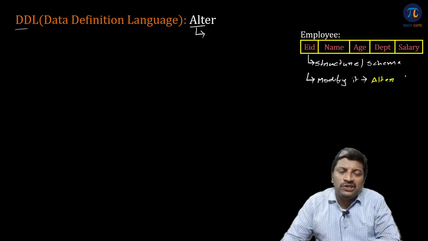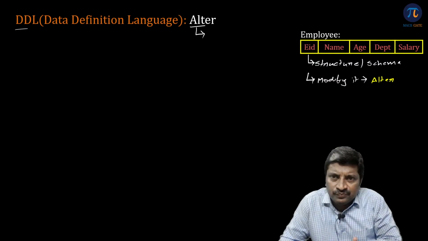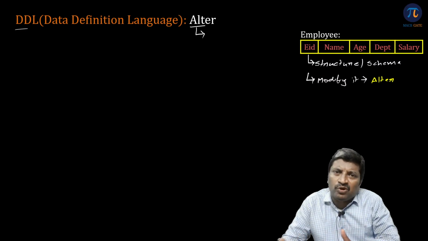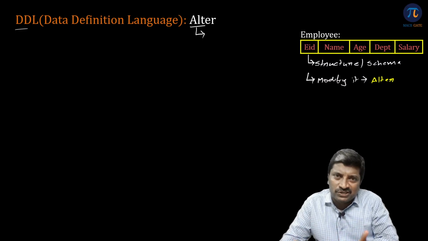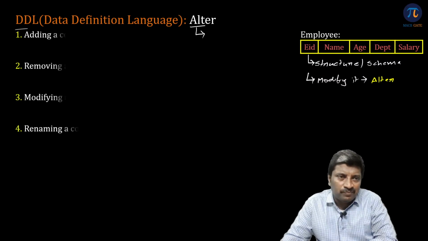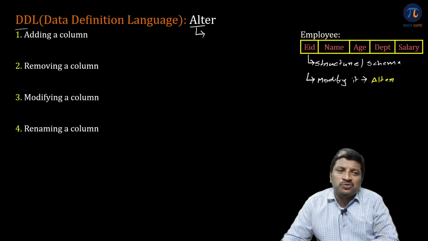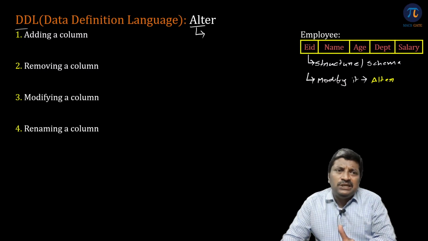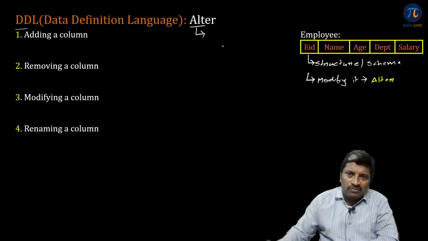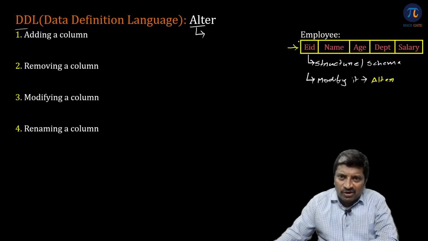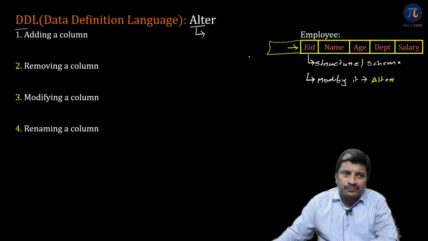Alteration. Then the question is what you want to modify. Whether you want to change the table name, change the column name, add a column, or delete a column. There are so many possibilities. These are the 4 possibilities we are having, sir. Of course, you may have some other possibilities. These are the frequently used possibilities to alter the structure of the table. Adding a column: for this employee, I may want to add one more extra column.